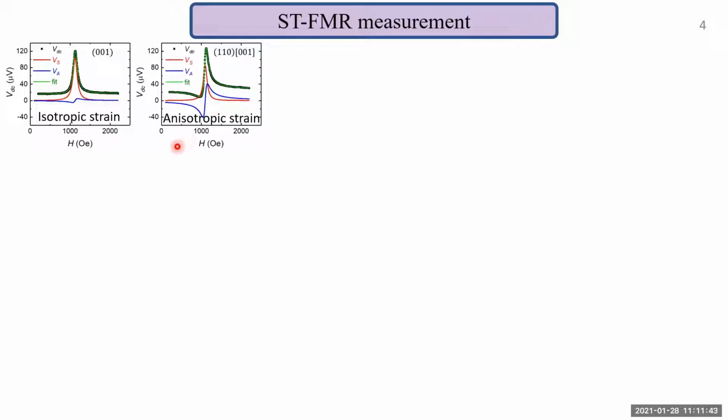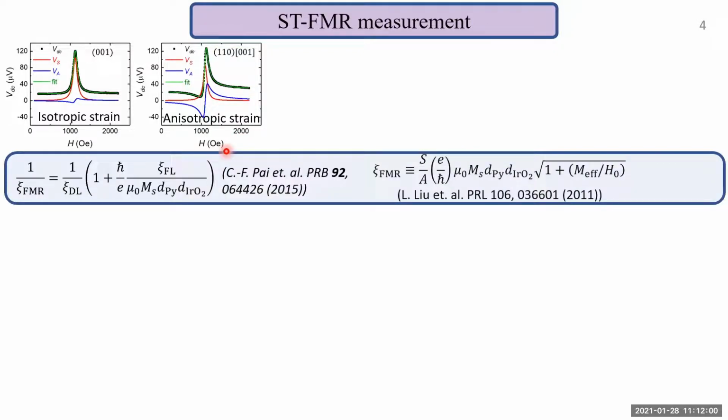The first thing you'll immediately notice is that the voltage spectrum is distinctly different for the 001 plane compared to 101 oriented planes. That immediately suggests that something fundamentally different is happening in these two planes. We have adapted this method, as developed by our former group mates, to quantify spin orbit torques.